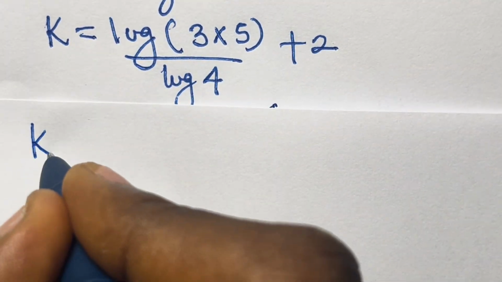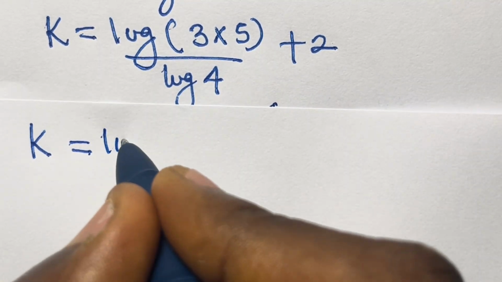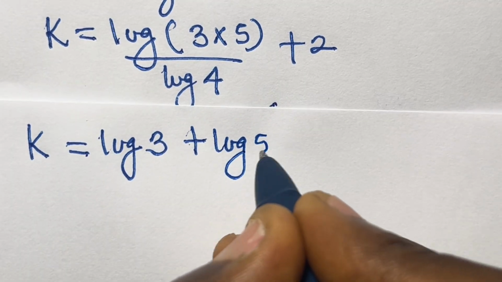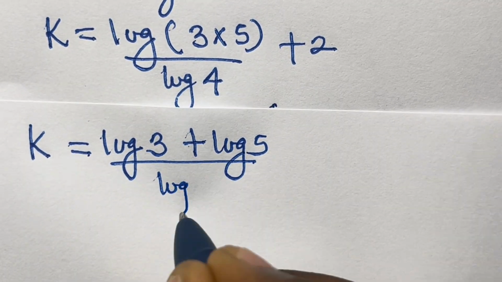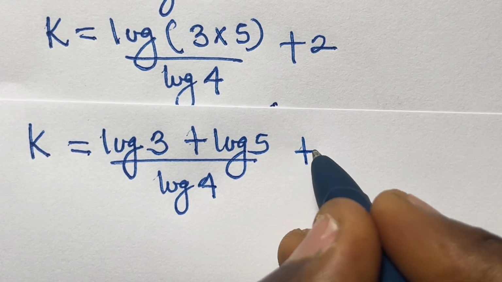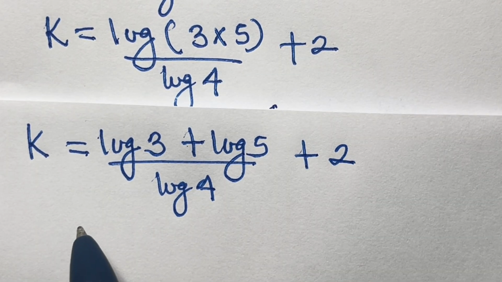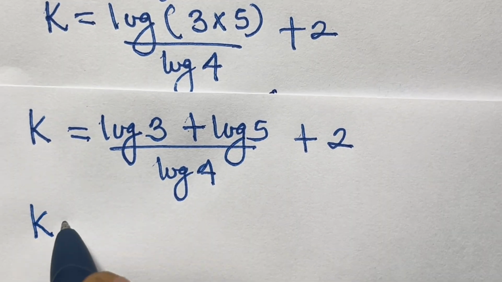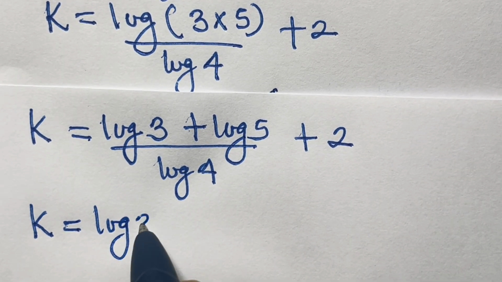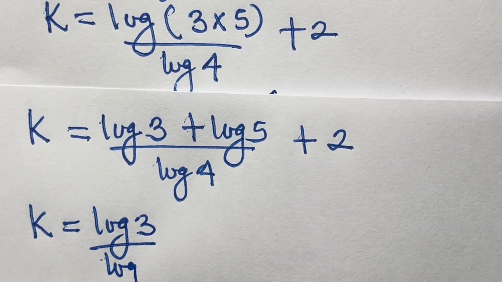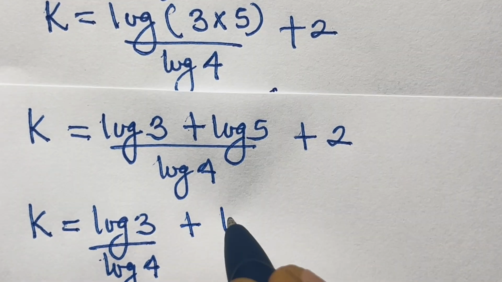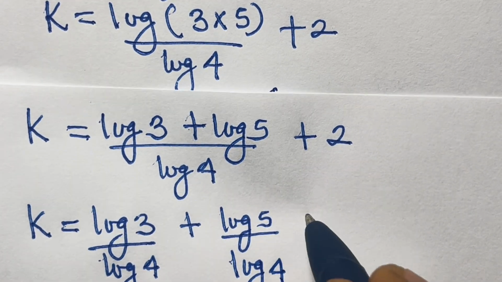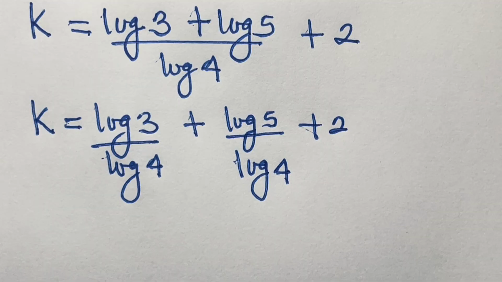So we have k equals log 3 plus log 5 divided by log 4 plus 2, right? Which gives k equals log 3 divided by log 4 plus log 5 divided by log 4 plus 2, right?